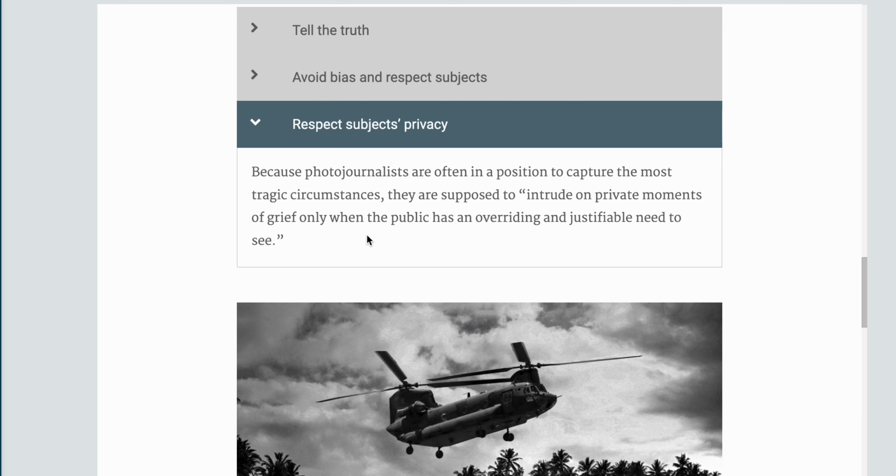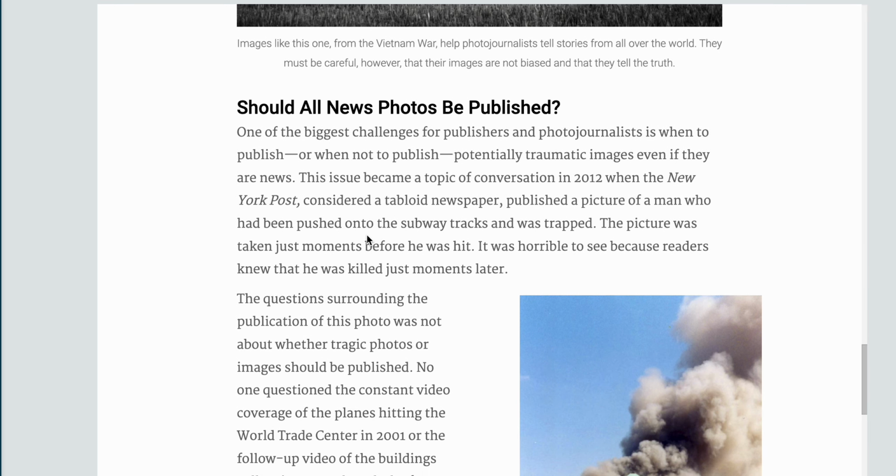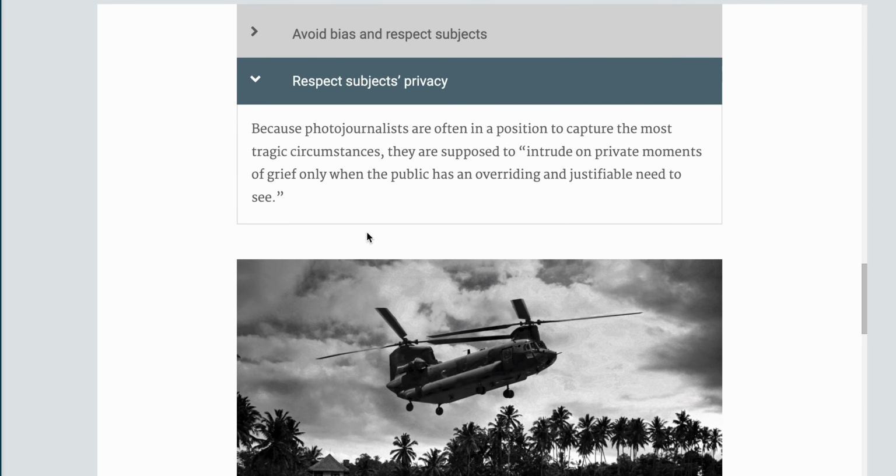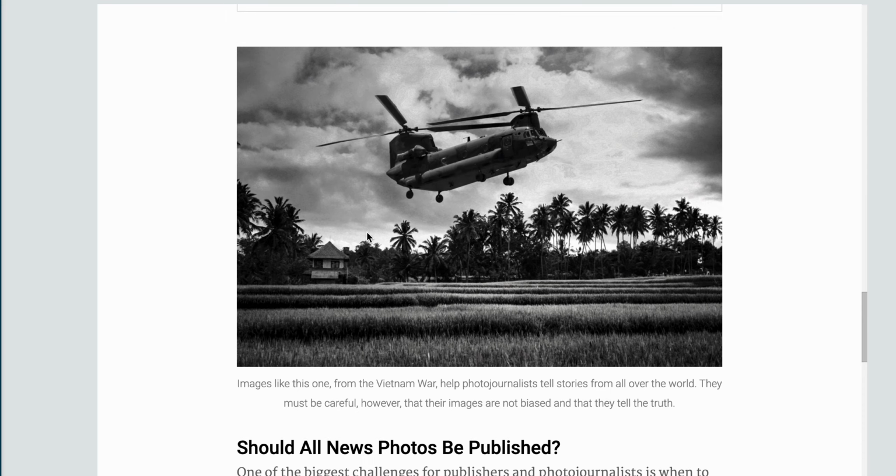saddest moments. They need to evaluate the situation and see if this photo is really needed to be published or no. This part also is debatable, and you might be asked about, should all news photos be published or no? And this is related to the subject's privacy.